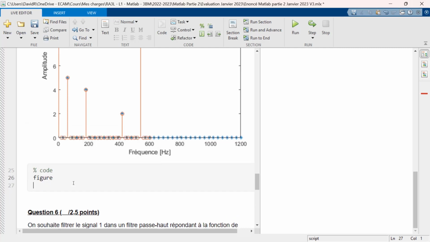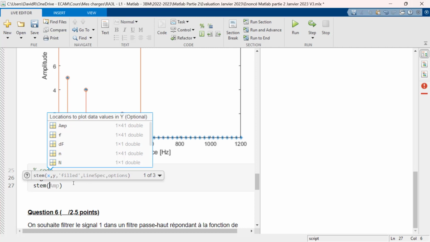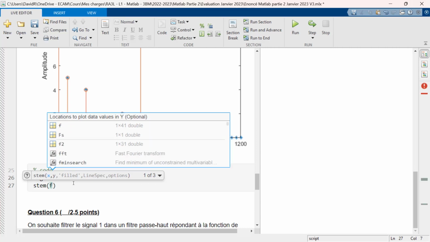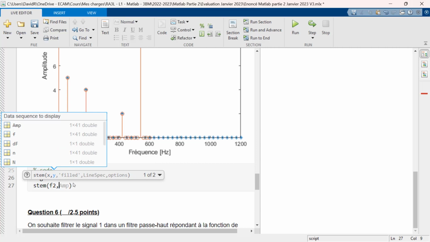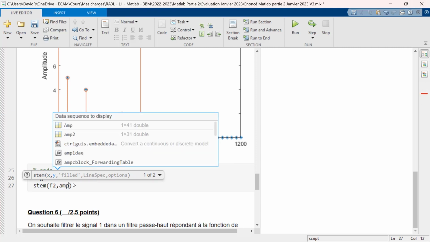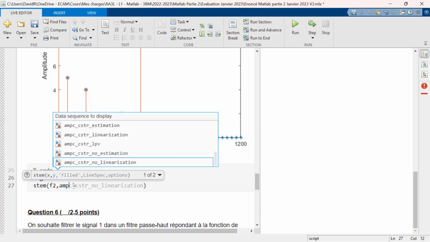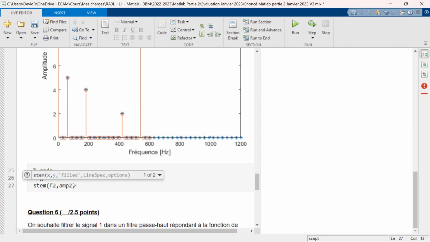Je vais simplement venir ici demander à ouvrir une nouvelle figure, je vais venir faire un stem de F2 et de AMP2, donc comme ça mon signal 2 sera bien représenté.